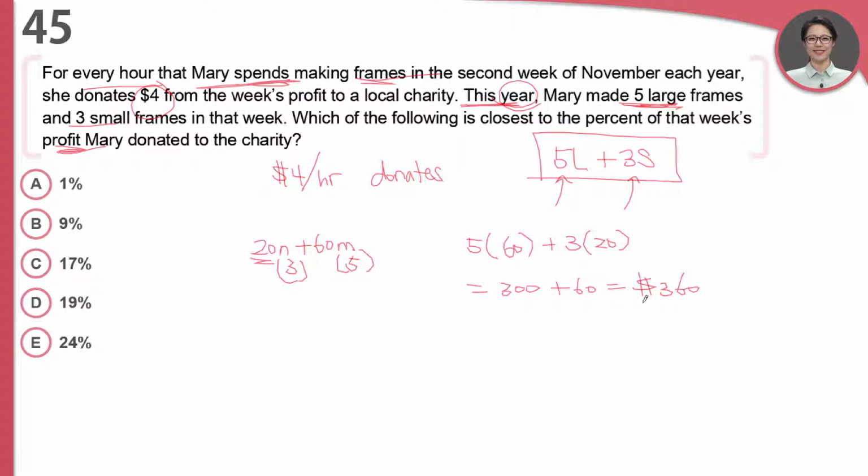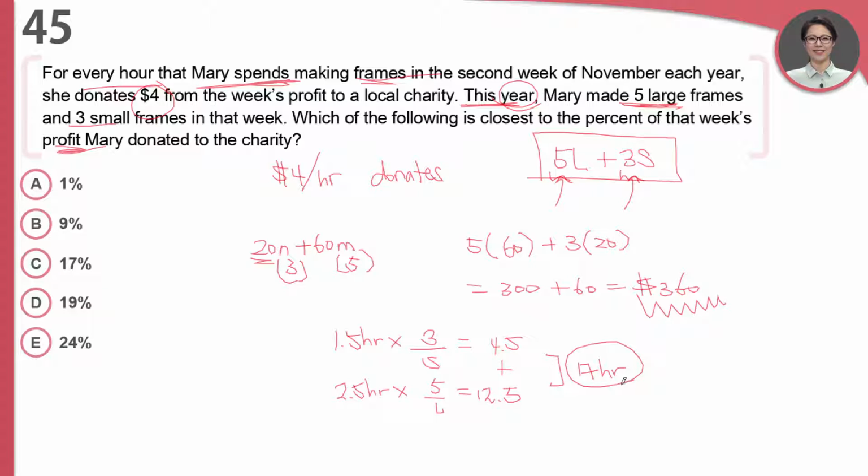What about the time she spent to earn 360? It takes 1.5 hours to make a small one, so 3 small frames is 4.5 hours. It takes 2.5 hours to make a large one, and it was 5 frames, so that's 12.5. In total, if you add them up, it's going to be 17 hours. So she spent 17 hours to make $360 profit.